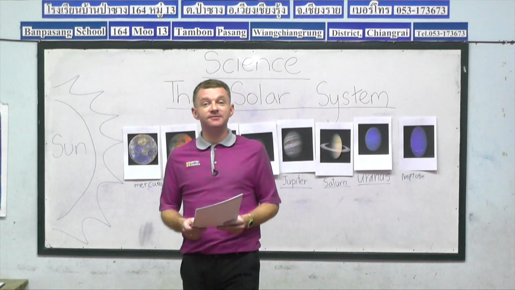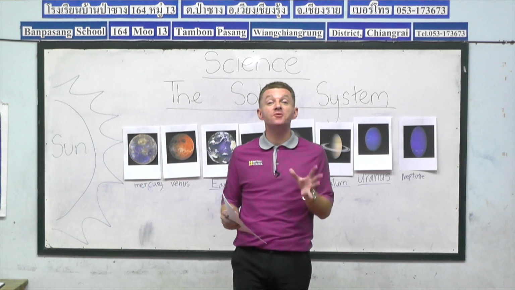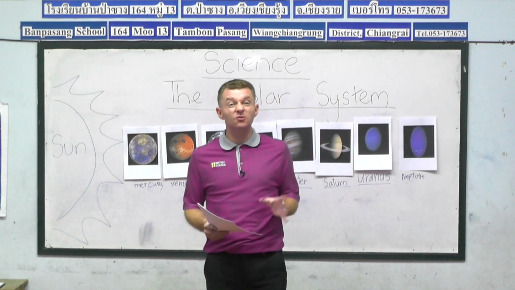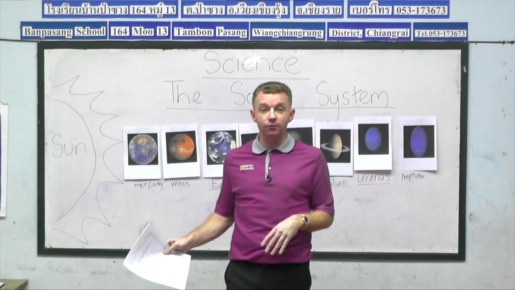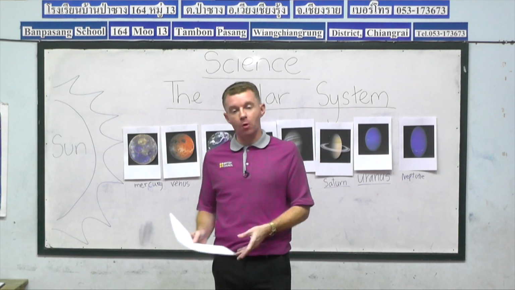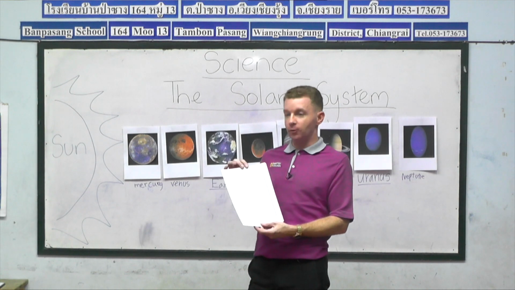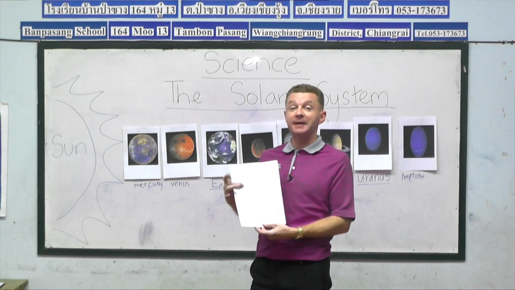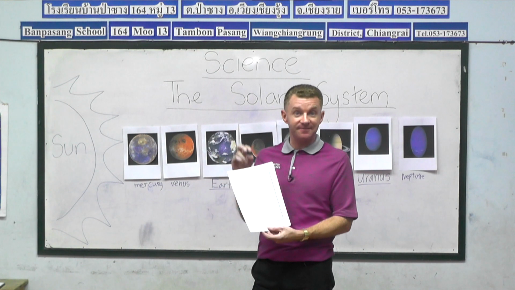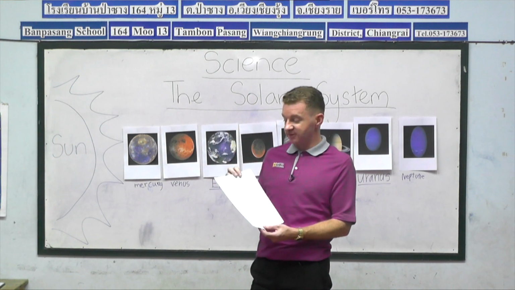Welcome back to class. And now it's time for our worksheet activity. So teachers, make sure every student in your class gets their own worksheet. And what we've got is a spelling game where our students have to complete the spaces with the correct planetary objects from our solar system.